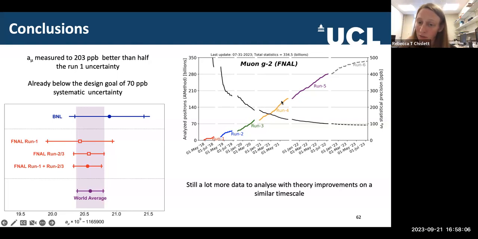We've had runs 4, 5, and 6 finished now as well. So we're in the process of analysing those, and hopefully we will produce a new result, and the theorists will resolve their discrepancies on roughly the same time scale for us to produce the final result with even better uncertainty. So thanks.